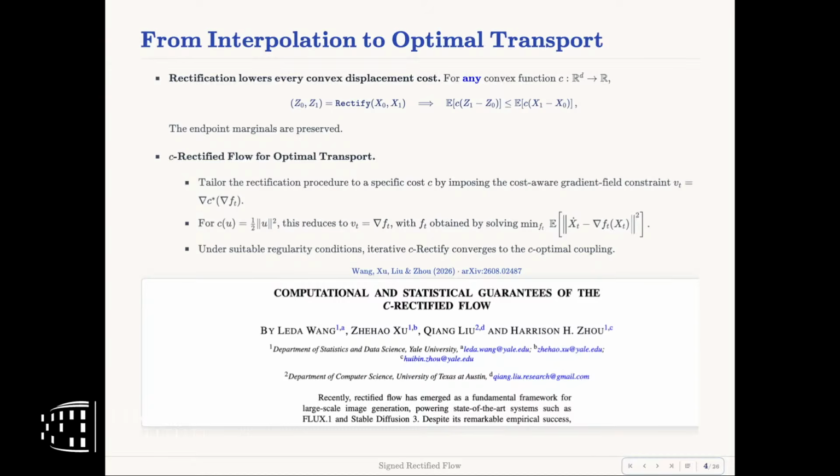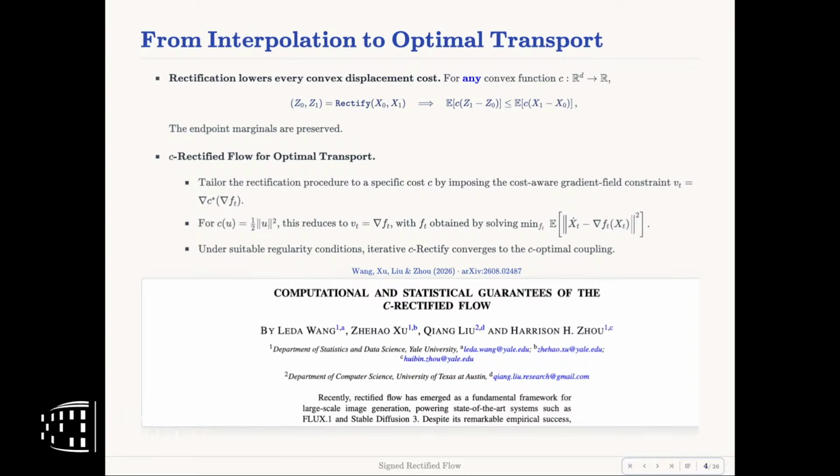Further, because this universally decreases every cost, if you care about optimizing a specific convex cost, you can impose an additional gradient flow structure. In that case, for the quadratic cost, for example, you can modify this process to fit a gradient field rather than a generic velocity field. What this does is remove the rotational components.